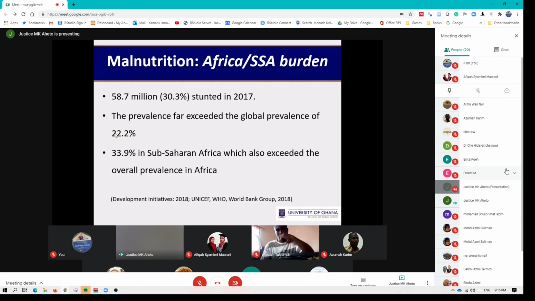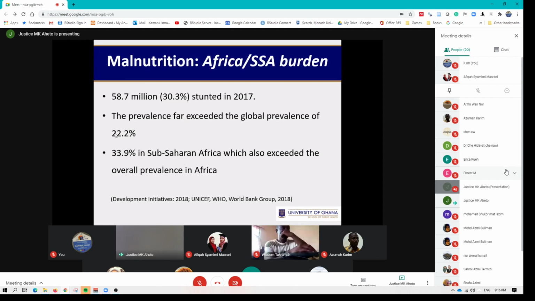Now, when it comes to Africa or sub-Saharan Africa, what is the burden of malnutrition? We know that in 2017, 30.3% of children in Africa were actually stunted. And then if you look at the prevalence, this exceeded the 22.2% that we observe at the global level. Then in sub-Saharan Africa also, the prevalence is 33.9%.